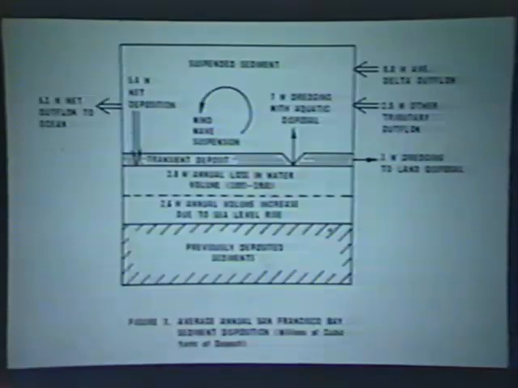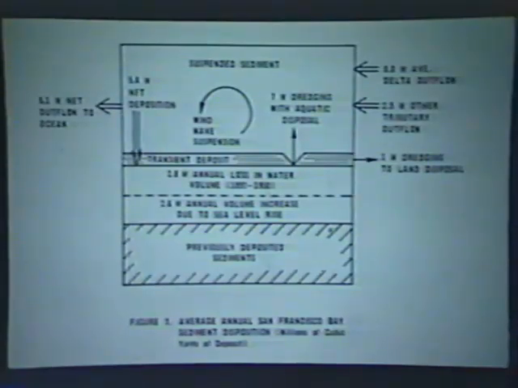About 1 million cubic yards of dredged material are disposed on land, so that's taken out of the system. The amount of sediment dredged and dumped back in the water somewhere else is about 7 million cubic yards, so it stays in the system.